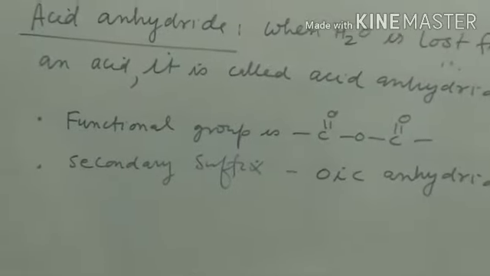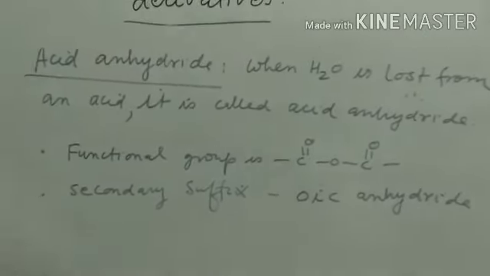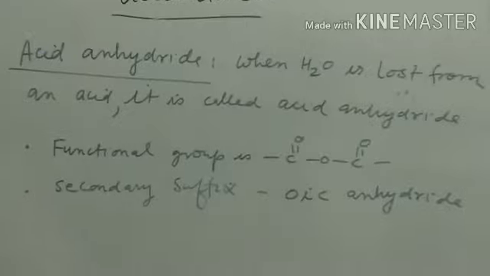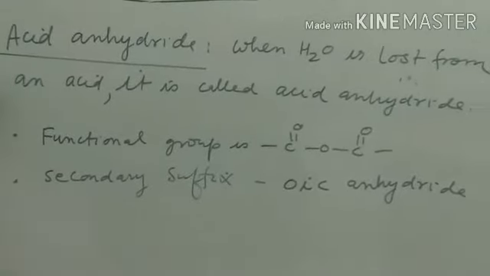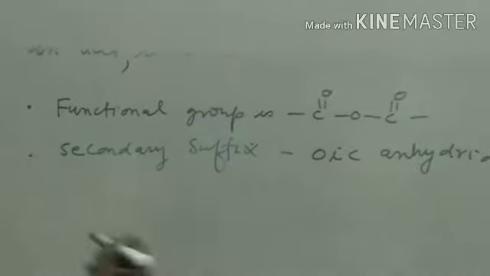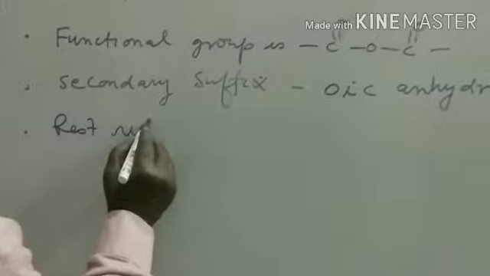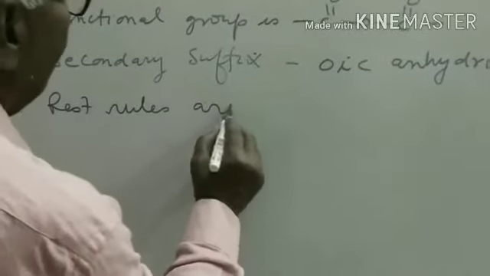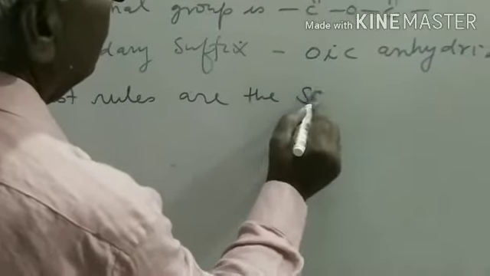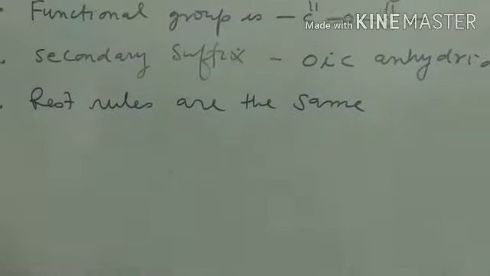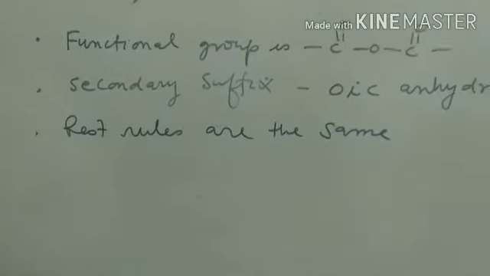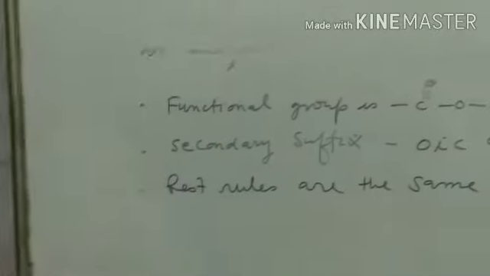Loss of water takes place only when 2 molecules of a carboxylic acid undergo condensation. So the rest of the rules are the same. Prefix, root word, primary suffix minus E plus secondary suffix gives you the name of the acid anhydride.